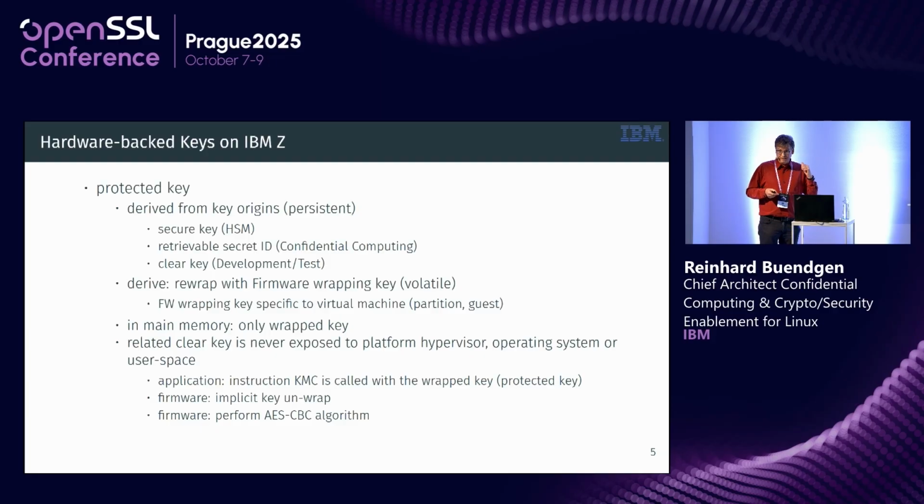So that means no hardware operator gets to that, no hypervisor gets to that value, and clearly the operating system itself doesn't get to that value. And not even if you dump the whole system, these areas will not include the wrapping keys or the plain text part of that keys.